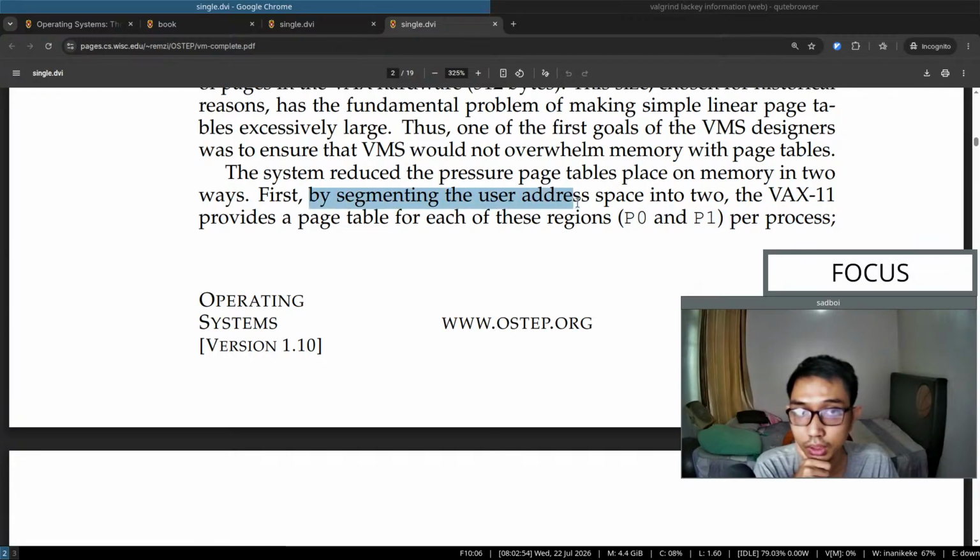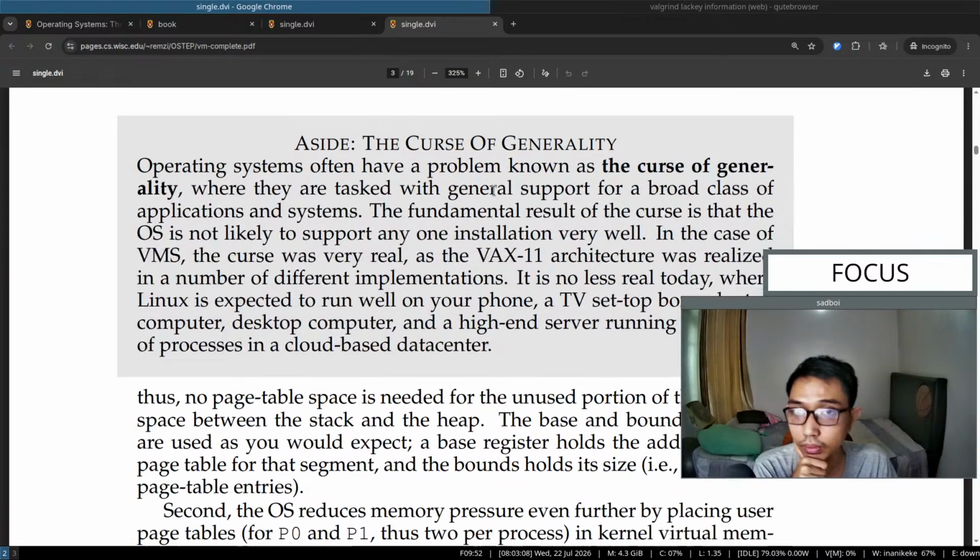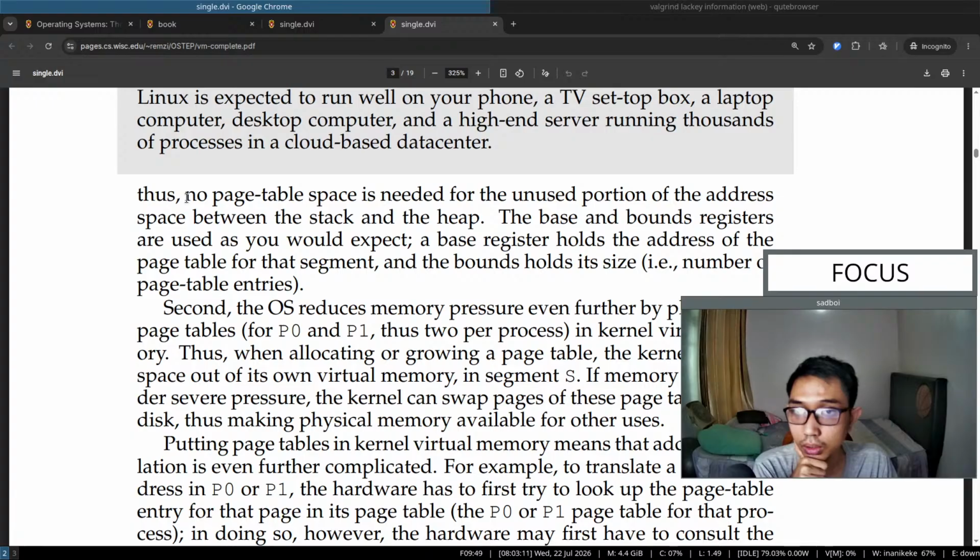Thus, no page table space is needed for the unused portion of the address space between the stack and the heap.